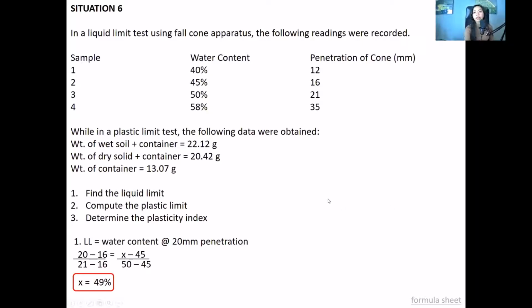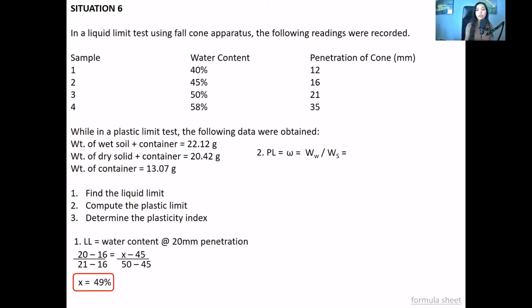Okay. Next. Ang next na hinahanap ay plastic limit. Ang formula natin for plastic limit ay this one. Okay? Lahat naman ng limit na pinag-usapan natin, liquid limit, plastic limit, shrinkage limit, lahat ng yon ay moisture content.